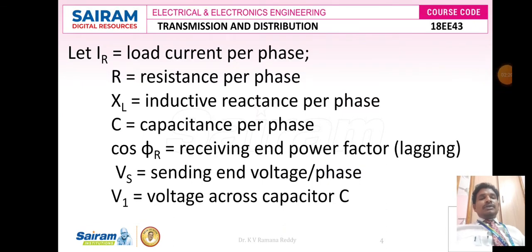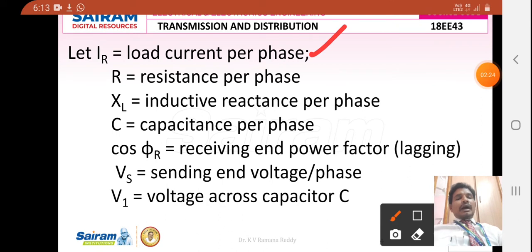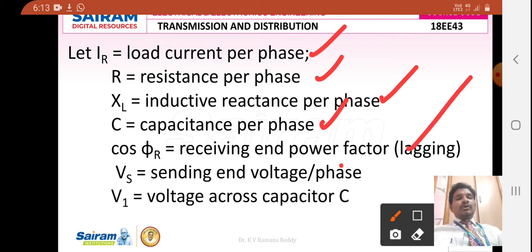So let us assume that IR is the load current per phase, capital R is the resistance per phase, XL is the inductive reactance per phase, capital C is the capacitance per phase, and cos phi R is the receiving end power factor, usually lagging. Vs is the sending end voltage per phase, and V1 is the voltage across the capacitor.